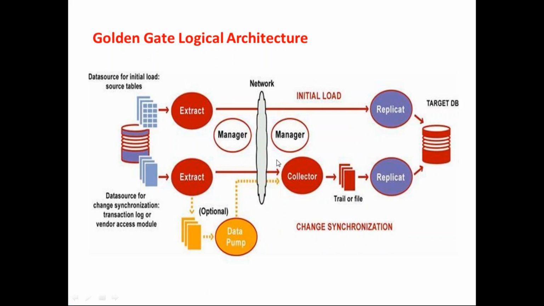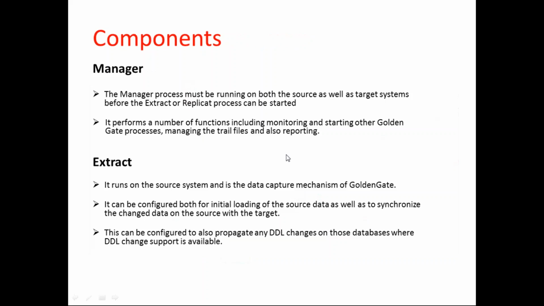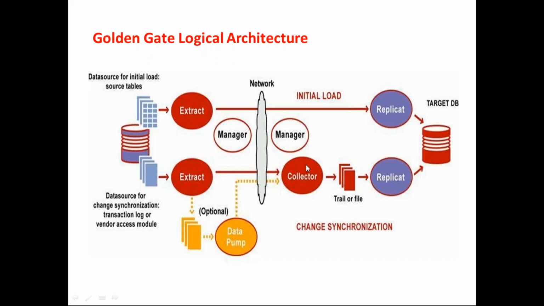Now the data pump will go to the manager and say, I have made a connection to send the data. The manager will say yes. The data pump contains the manager IP address and port number. The manager gets the intimation that somebody is sending data, so it starts a process known as the collector to collect the data. Now the data pump starts sending the data to the collector.